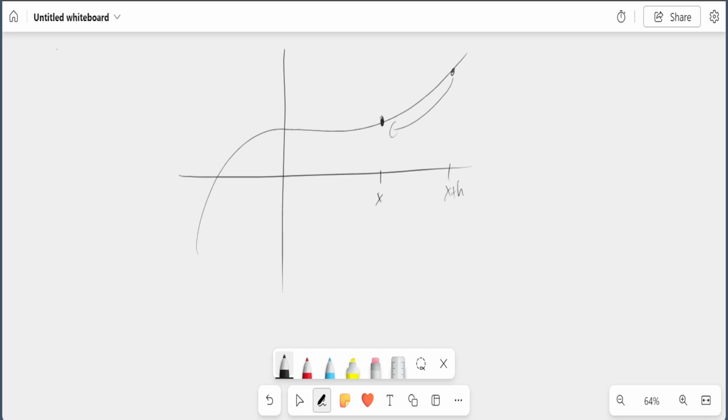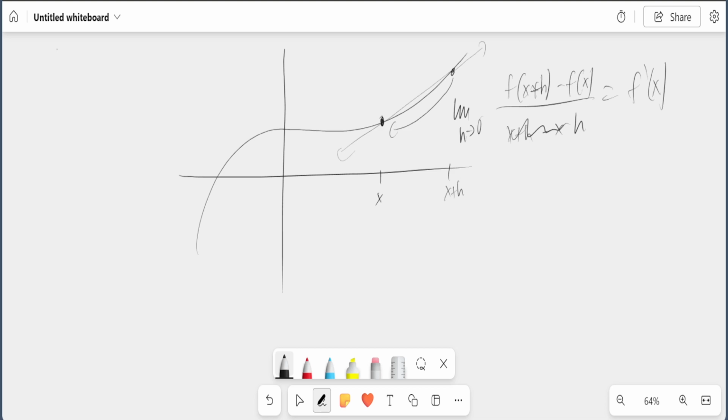And what's the slope of these 2 points? It'd be f of x plus h minus f of x, divided by x plus h minus x, which is h, right? The limit as h goes to 0 is equal to f prime of x, right? That's it. That's the whole thing.